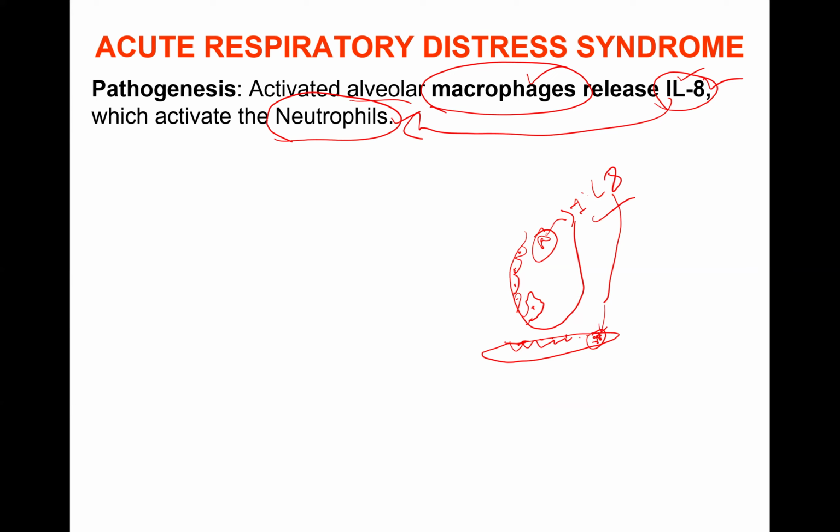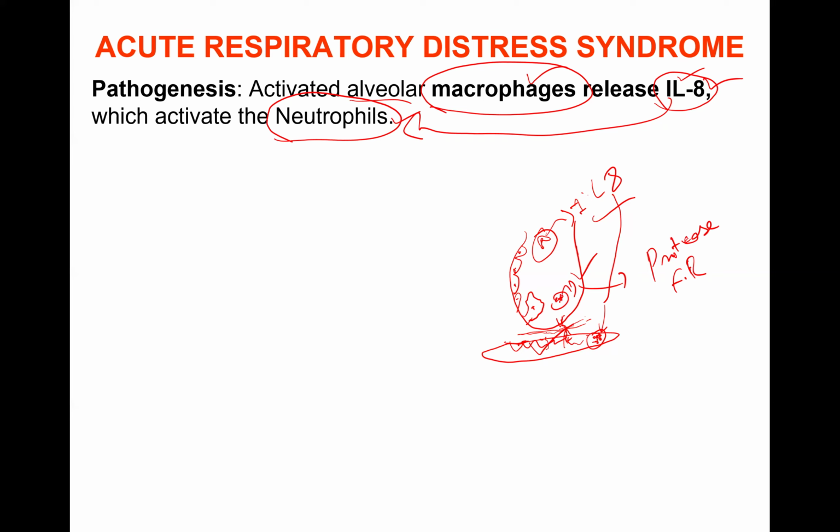Now neutrophils leave the capillary circulation and get activated, start releasing proteases, enter into the interstitium, further cross it, release the proteases, damage the alveoli, and enter into the alveolus. And here they start releasing again what? Proteases and free radicals to cause damage to the alveoli and the capillaries.